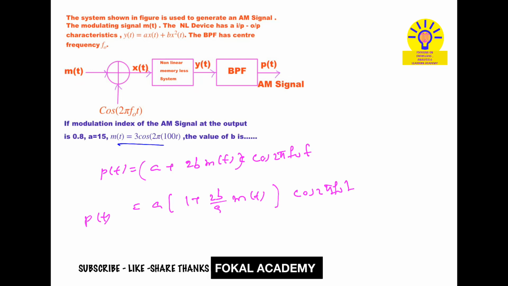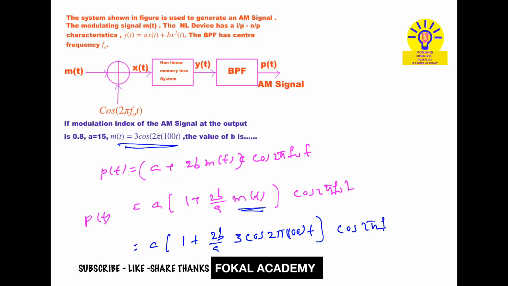Here one condition given is that m(t) is 3·cos(2π·100t). So that is a·(1 + (2b/a)·3·cos(2π·100t))·cos(2πf₀t).